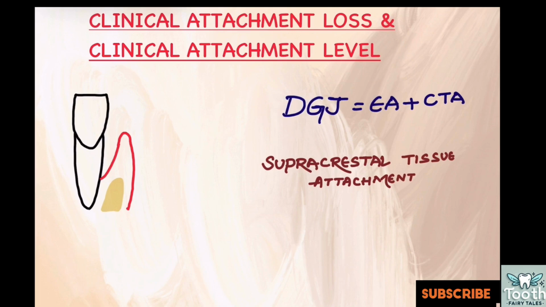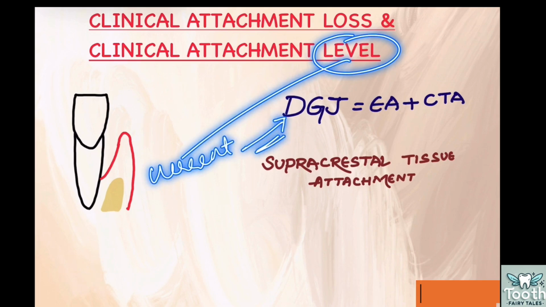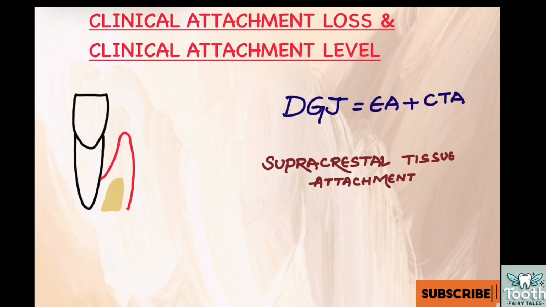So, these measurements are vital for diagnosing the periodontal health, monitoring the progression of the disease, and guiding the treatment decisions. So, remember, clinical attachment level gives us the current position of the dento-gingival junction on the tooth surface, whereas the clinical attachment loss shows us how much attachment has been lost. Both are important for assessing periodontal health and determining if the treatment is needed.